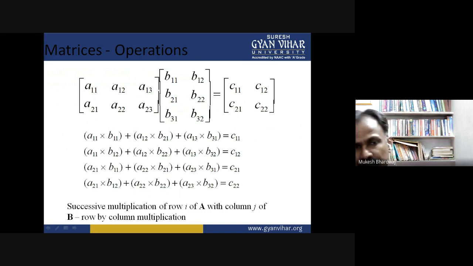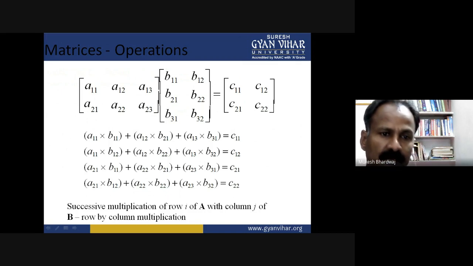First matrix row elements are multiplied to the second matrix column elements. So we are moving from row to column. A11 is multiplied to B11 plus A12 is multiplied to B21 plus A13 is multiplied to B31, and we denote it as C11.